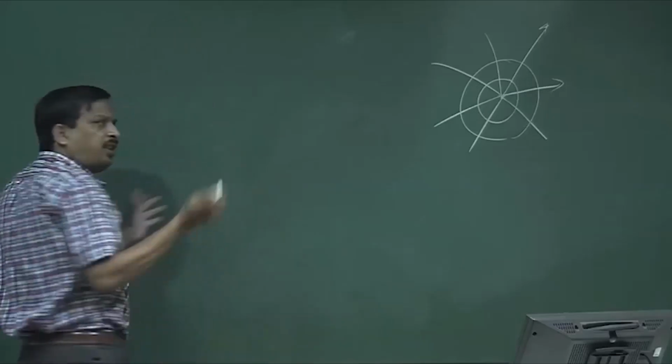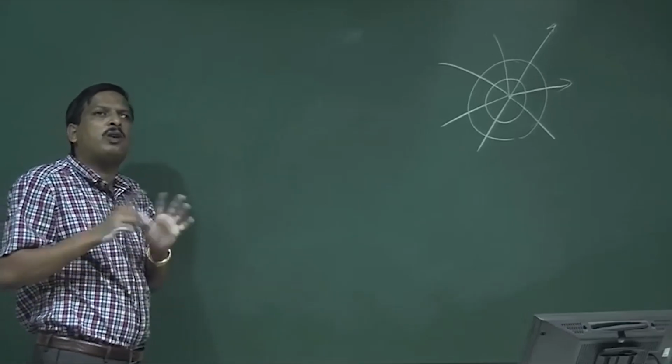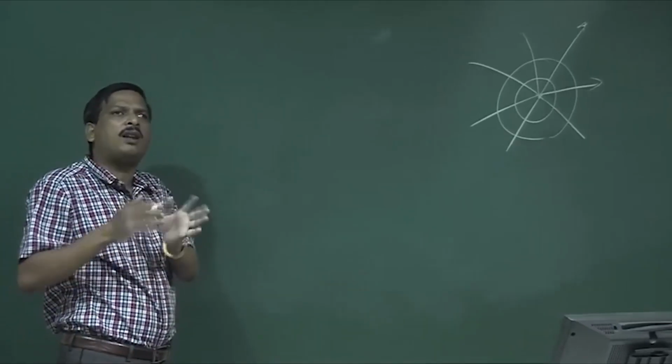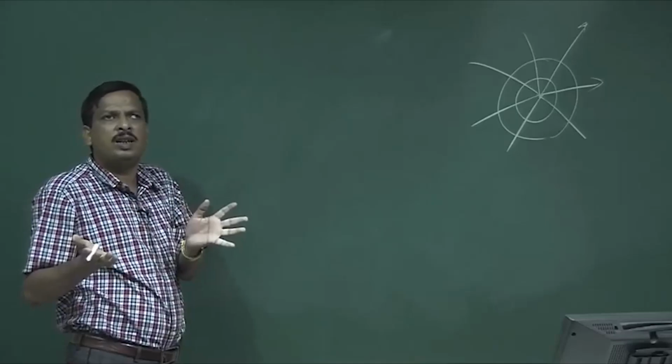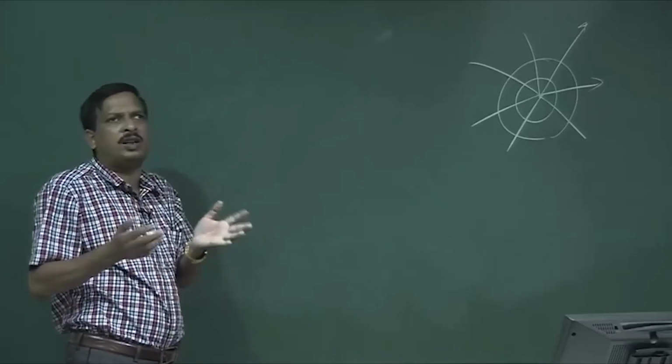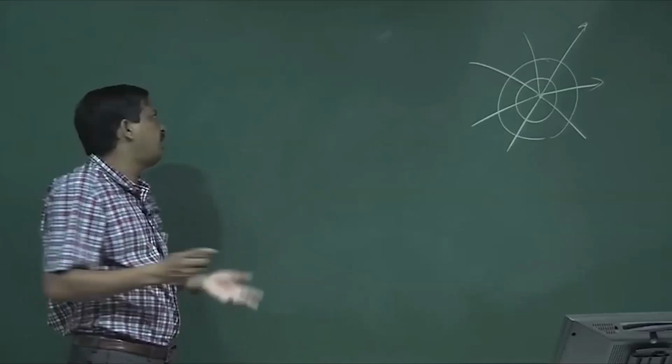Now, what is the difference? In Cartesian coordinates we have considered x, y, z. Here I have to convert x, y, z to r, theta and phi. The same 3 coordinates, but instead of x, y, z I use r, theta and phi.